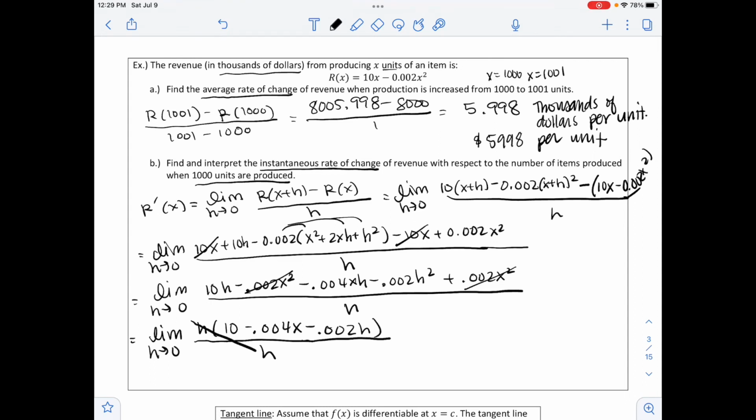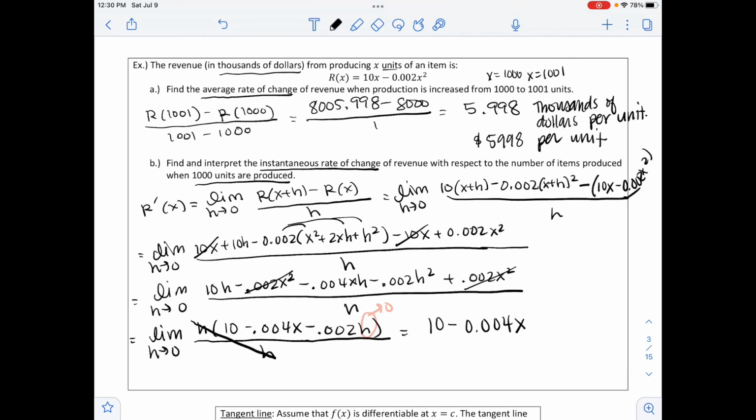And so our h's would reduce. And then taking the limit as h approaches 0 from here, that means that this h right here would go to 0. And so we now have 10 minus 0.004x plus 0, so I won't even put that term down. And so this would be the function that we have for our instantaneous rate of change.